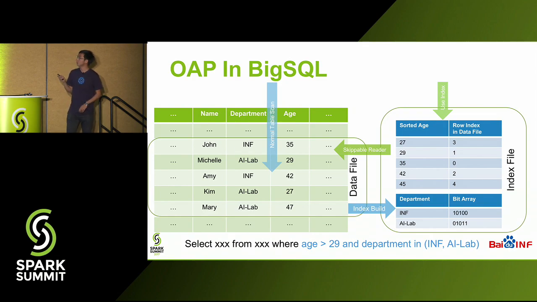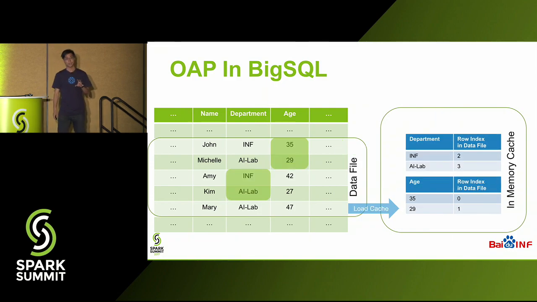Also, as I mentioned before, each partition has its own index file. For example, if your query overlaps about 5 partitions, 3 of them have an index and 2 of them have no index, that's also okay. That has no influence on your result.